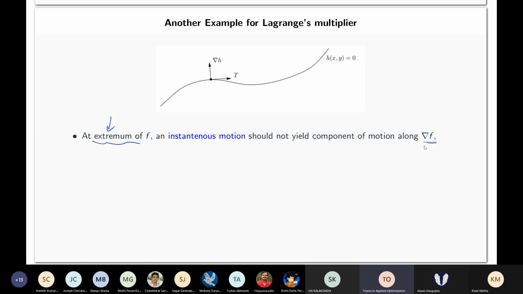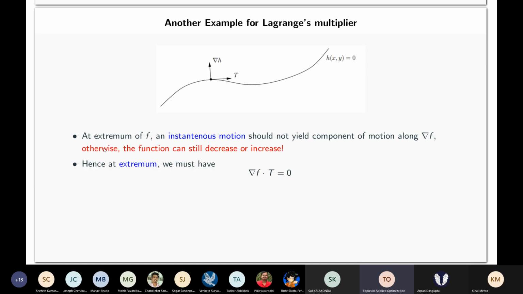Once we have reached the extremum, it could be maxima or minima, and at that point my tangent should not have a component along grad f. Otherwise, by moving I would increase or decrease, and I would violate the assumption that I was at an extremum. So at an extremum we must have this. That's the criterion we got.